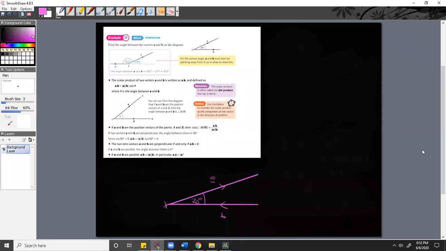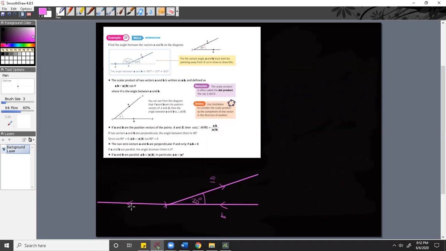So for example here, this is this diagram here. You've got the vector A, which is going away from X, but the vector B is not. It's coming towards X. So if this angle is 20, this vector B is going outwards like this.